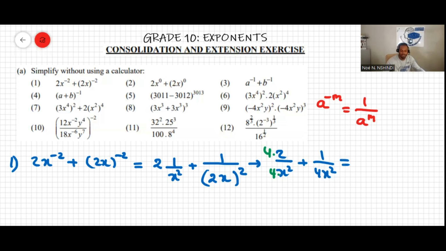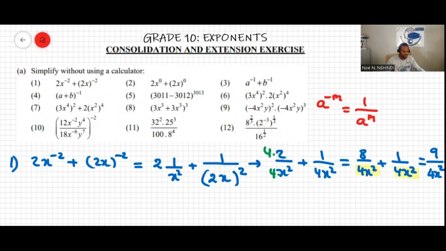Then this will be 8 over 4x squared plus 1 over 4x squared. Now that we have common denominators, we can combine like terms: 8 plus 1, which is 9, over 4x squared. That was question 1.